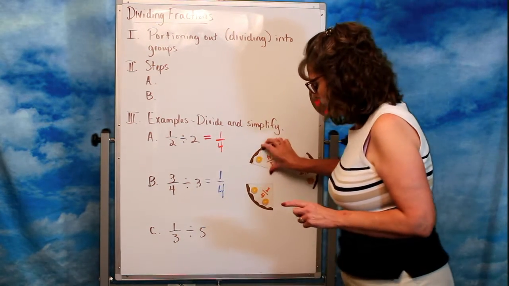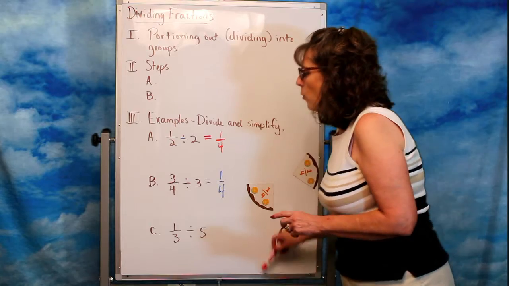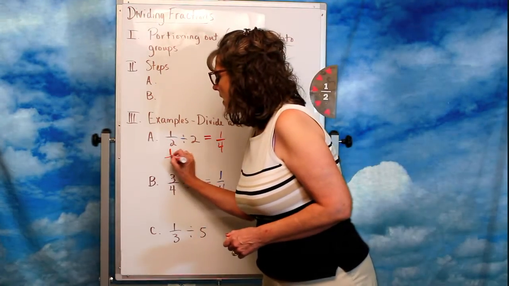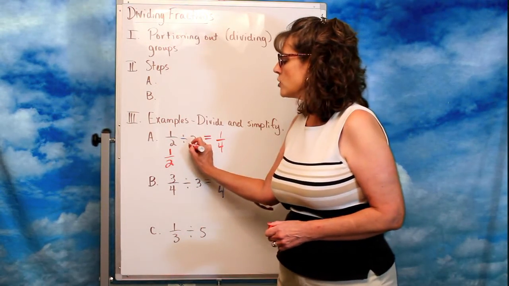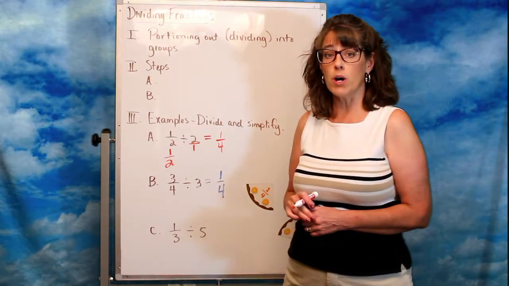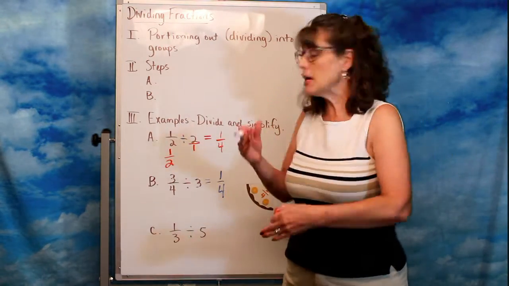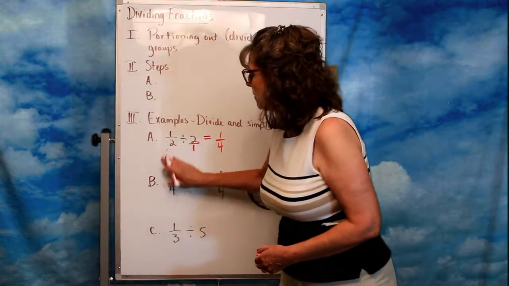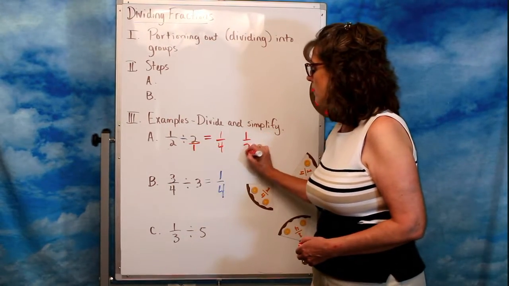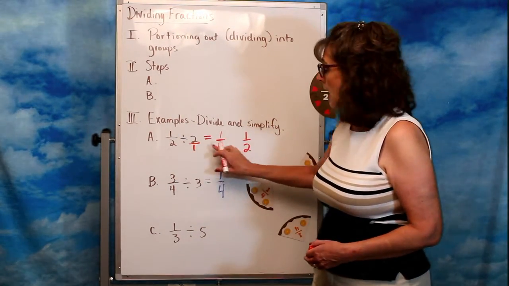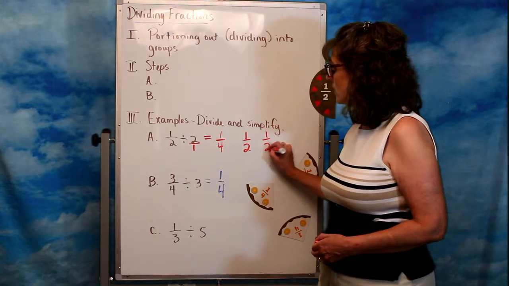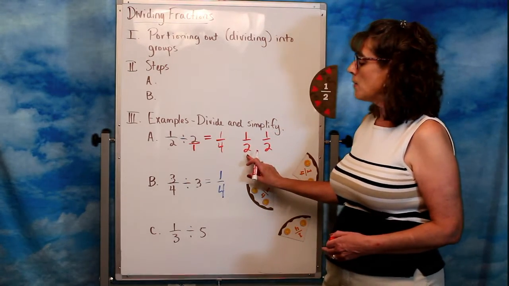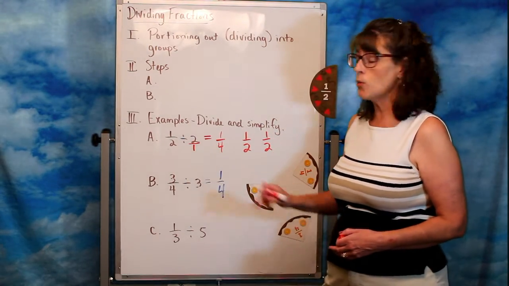Aha. What about this idea? What if we keep the 1/2 as it is, and we take this 2, which is technically a 2/1, and we flip it over? I'm going to write this over here now, 1/2, this is the first fraction. I'm going to flip this over like this, and then how would I manipulate a 1/2 and a 1/2 to create a 1/4?